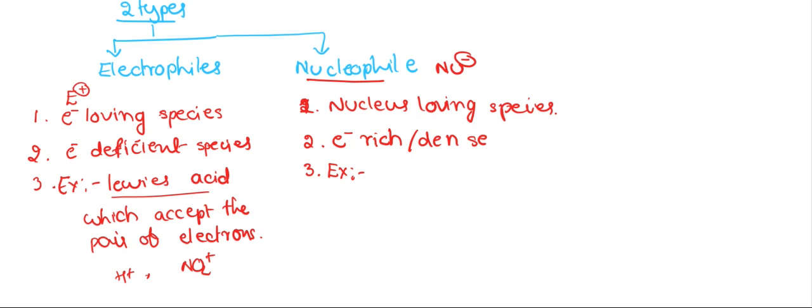Let us see some examples. For example, NH3, with no positive charge, has a lone pair of electrons, so it can donate this lone pair and act as a nucleophile.